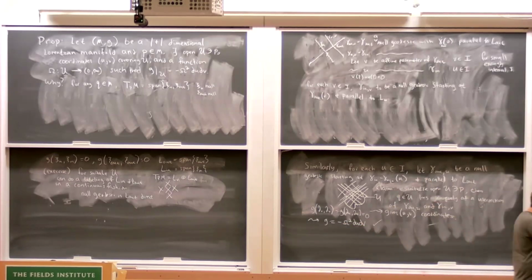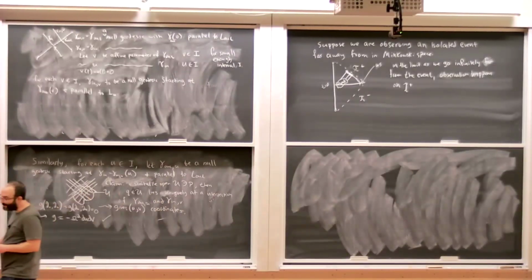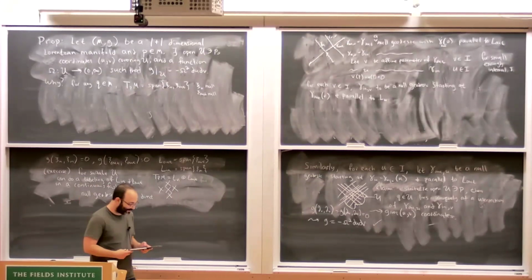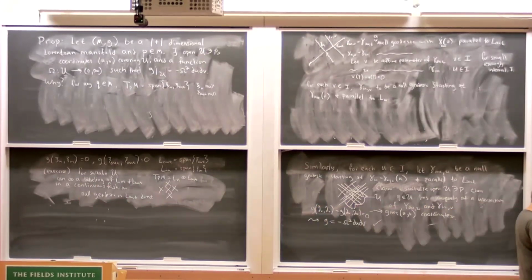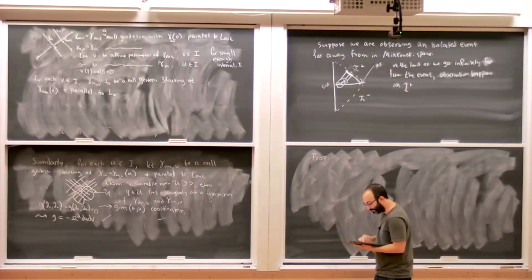Of course, in reality, we don't always want to work locally. Working locally is a good place to start, but you don't want to be restricted to that. So here's a little proposition that I won't prove, but it's a nice exercise.